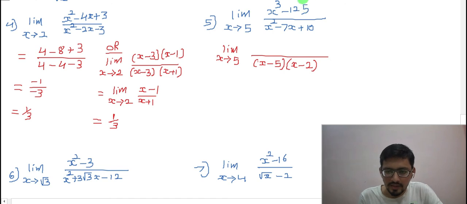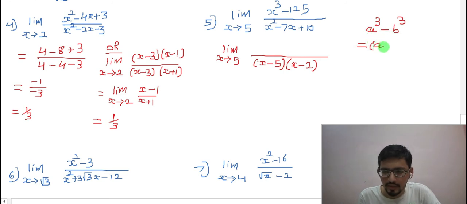Now how to factorize the numerator? What is the numerator? x cube minus 125. So for that you must know one algebraic identity that we studied in grade 9. What is a cube minus b cube? Try to revise all these identities properly. When both are perfect cubes, how to factorize?